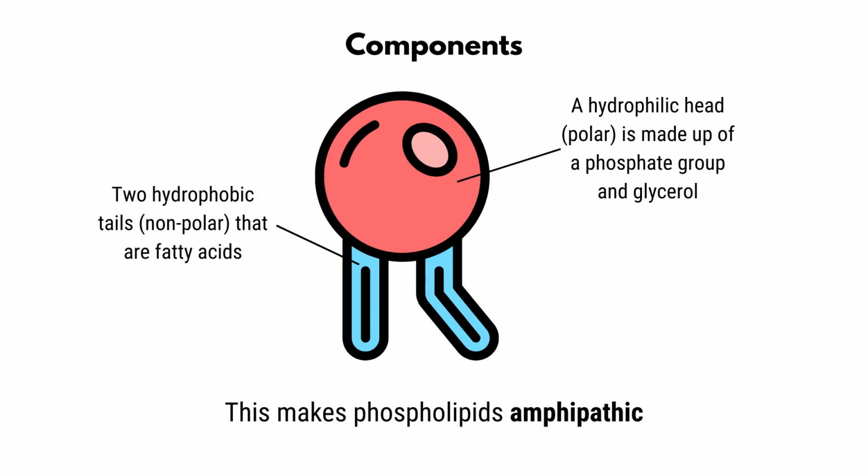The other two strands are two different fatty acids that are attached to the head. These two are non-polar and are hence hydrophobic. This makes a phospholipid amphipathic, which means they're both loving and hating of water.